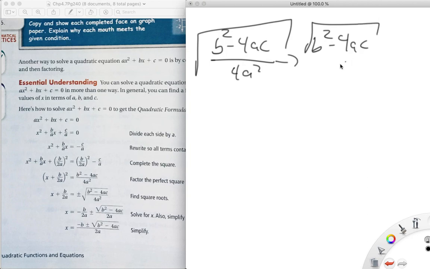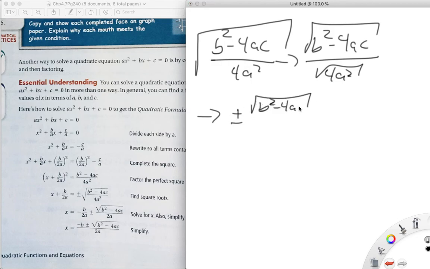So the denominator 4a squared turns into 2a, and that turns into plus or minus the square root of b squared minus 4ac over 2a. Okay? So that's where this part comes from.